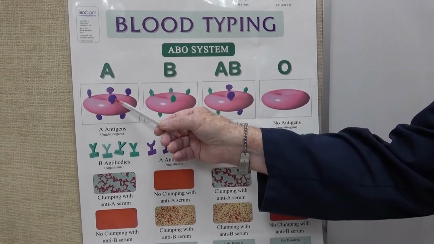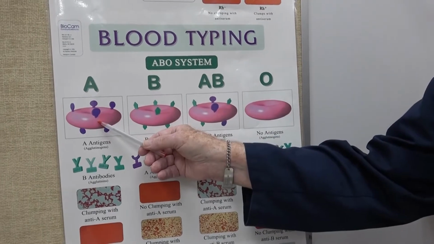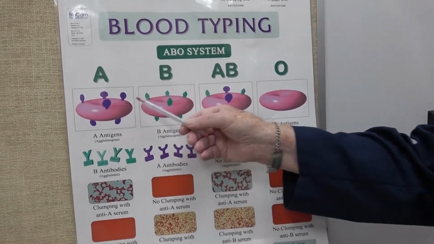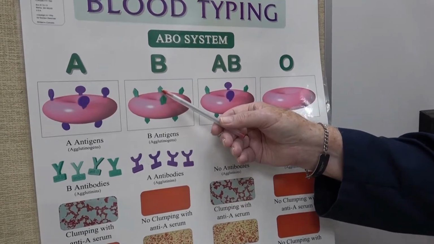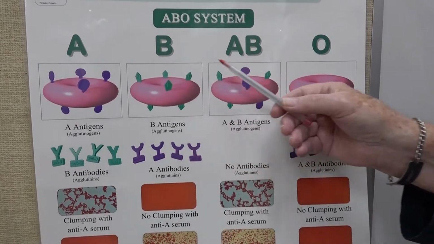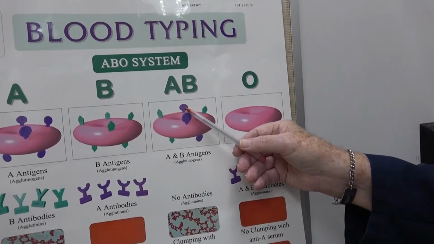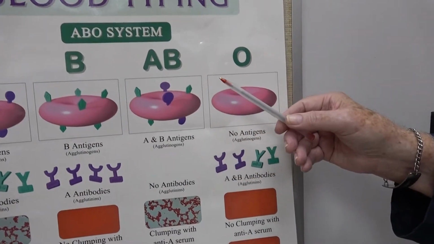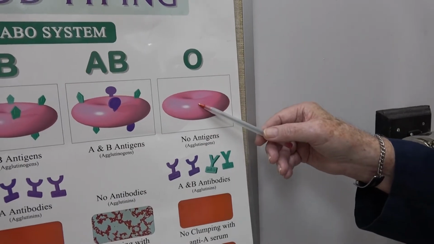The A looks like this, little purple circles attached to the surface of the red blood cell. B looks like this, these little shapes, which are kind of greenish. That's the B antigen. When the two of them are together, you have both of them on here like this, the AB. And if the red blood cell has neither on it, it would be called O.